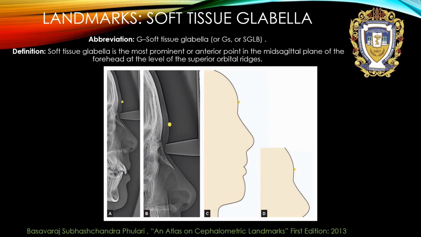First point is soft tissue glabella, marked by G or GS or capital letters SGLB. It is the most prominent or anterior point in the mid-sagittal plane of the forehead at the level of the superior orbital ridges.